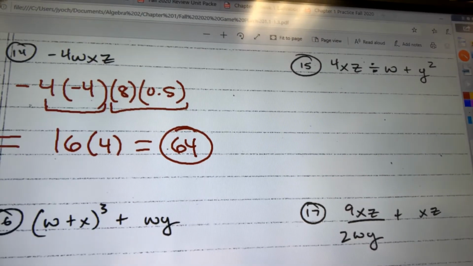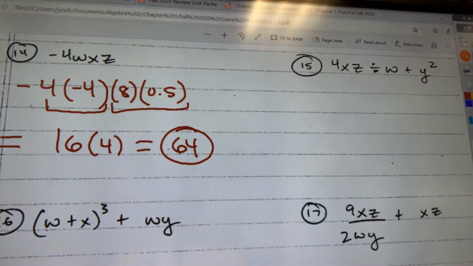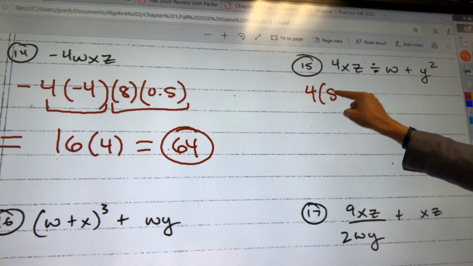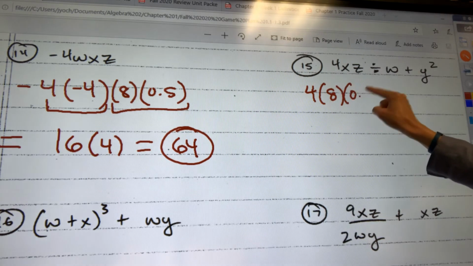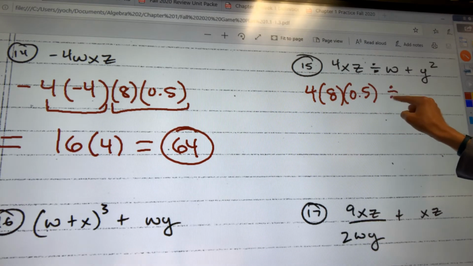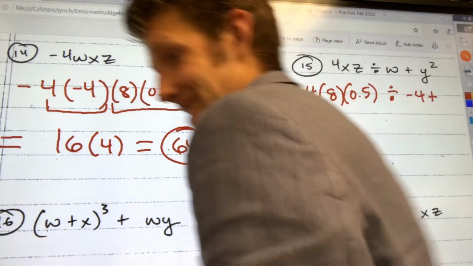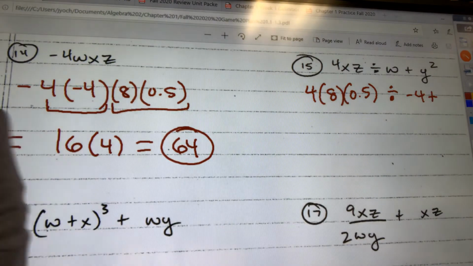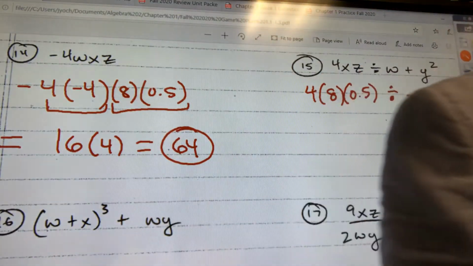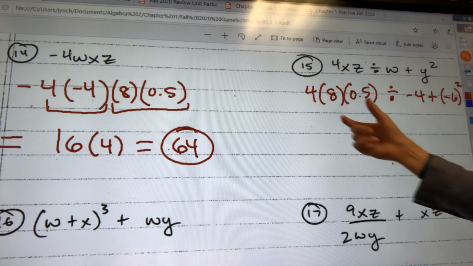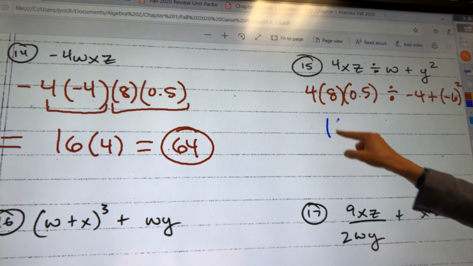16 over here. I think you can, or 15 that is. I think you can catch that. So I have 4. I just put in 8 for X. Z is 0.5. Divided by W, which is a -4, plus Y, which is a -6, but it's getting squared. So this multiplication here, that's 32, half of that is 16.